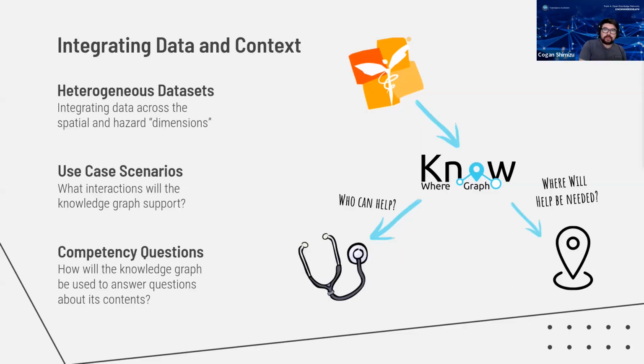So people with malaria competencies or malaria treatment competencies can be linked to the places where there are these sorts of endemics. As you can imagine, this is a particularly time-sensitive and critical task, right? The knowledge graph that incorporates all of these concepts together should be designed in such a way that it does not contribute additional stress to an already tense situation.